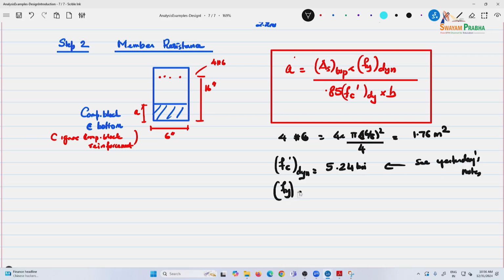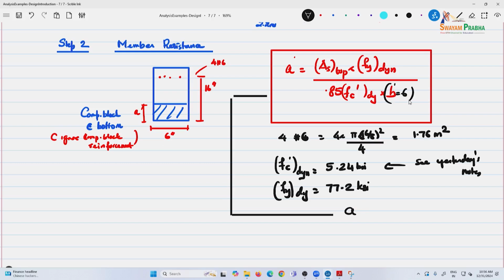And Fy dynamic was 77. So from here you get a, and b is equal to 6 inches. So we have all of these. So a comes to 1.7 inches.